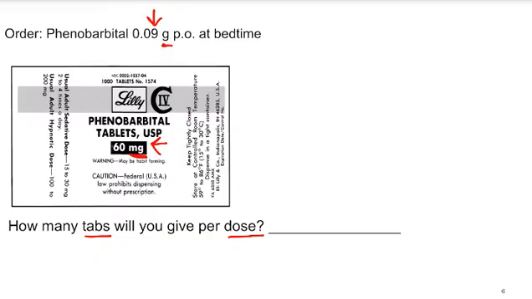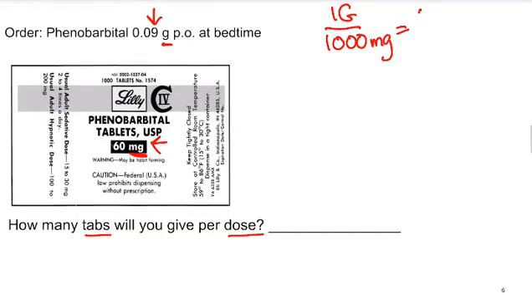So I am going to look at my 0.09 grams and convert that to milligrams. And what do I know? I know that 1 gram equals 1,000 milligrams. So I can set this up as a ratio proportion: 0.09 grams is to X milligrams, and cross multiply that out.